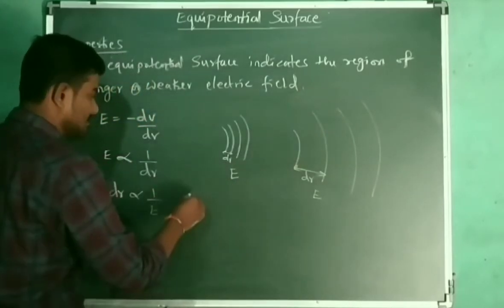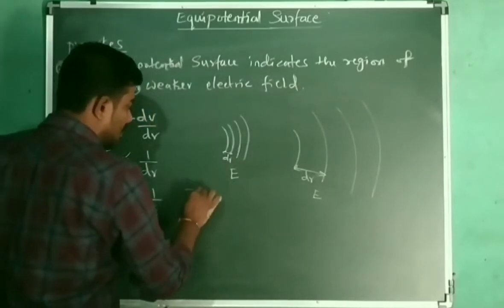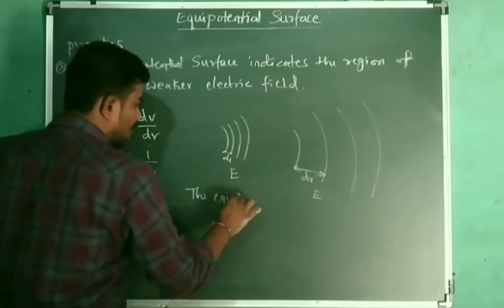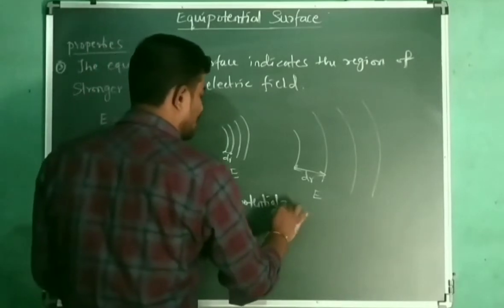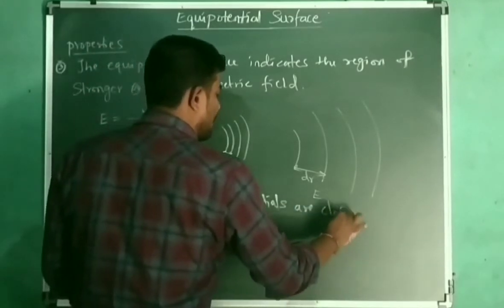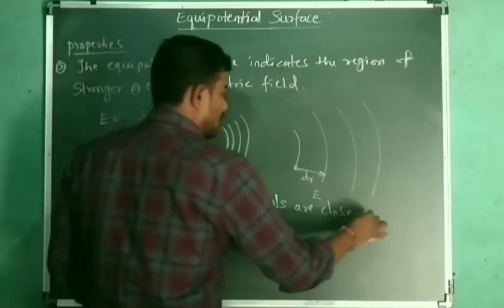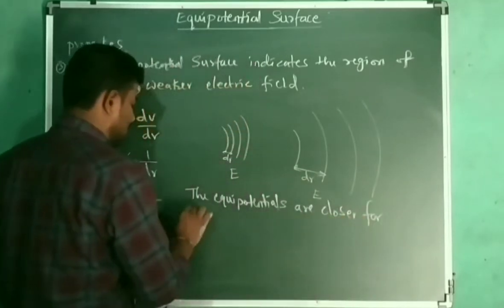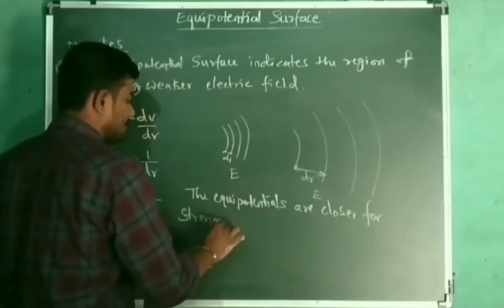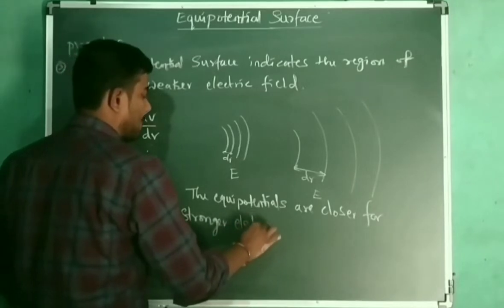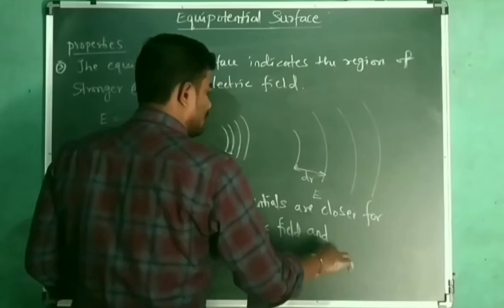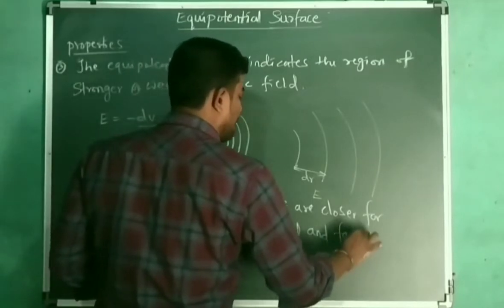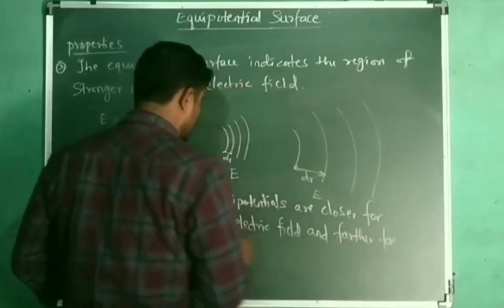Okay, the statement is the equipotentials are closer for stronger electric field, and farther for weaker electric field.